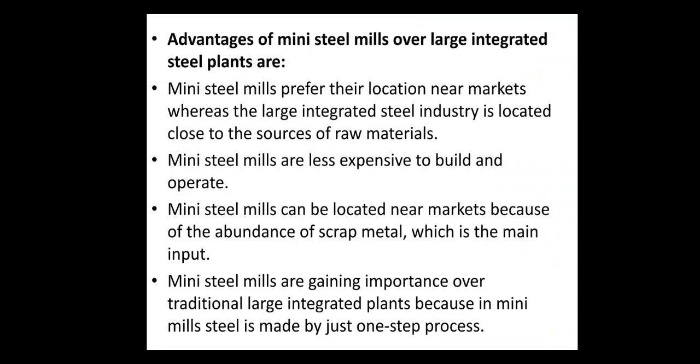Mini steel mills are less expensive to build and operate as compared to integrated large steel plants. A mini steel mill can be located near the urban market, cities, whereas integrated steel plants are located near the source of raw material. Why are mini steel mills located near urban areas? Because of the abundance of scrap metal, which is the main input.